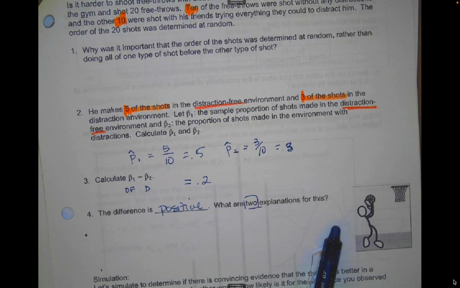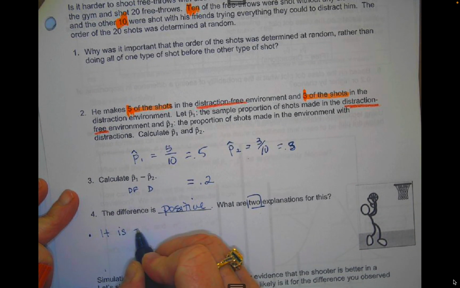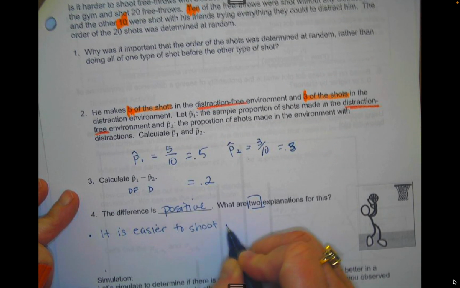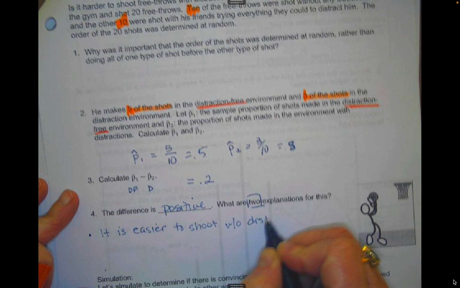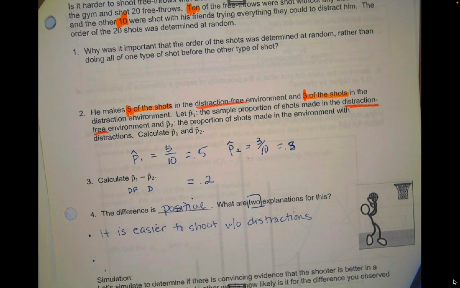So it actually is easier to shoot without distractions. So the distractions are actually causing the reduction. The other explanation is what? It just happened due to chance. The difference is due to chance.